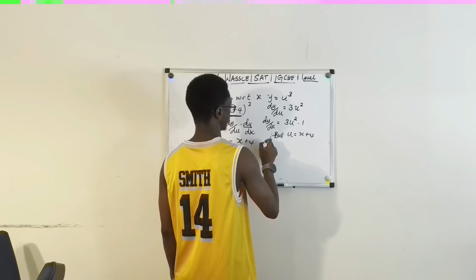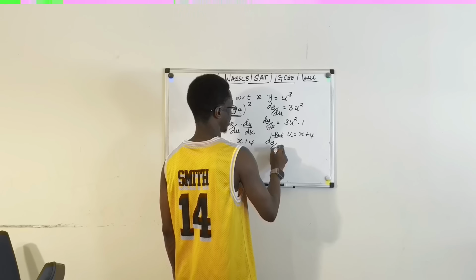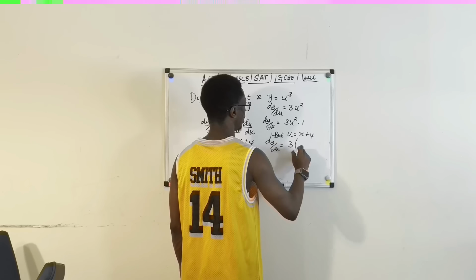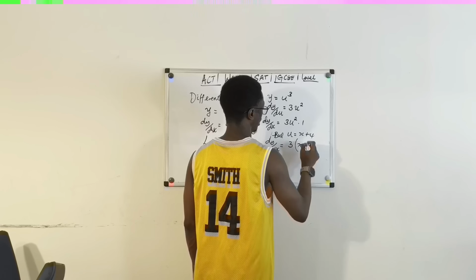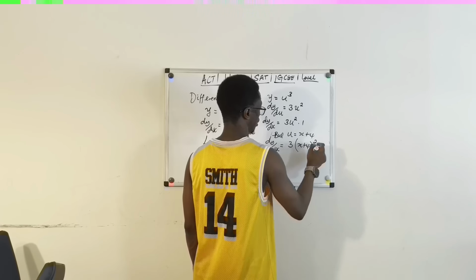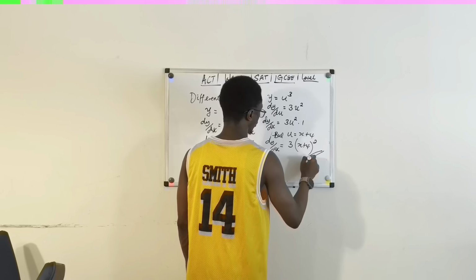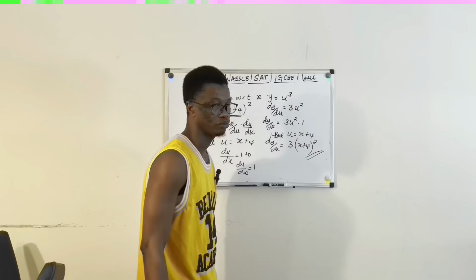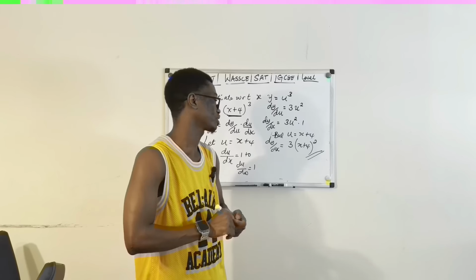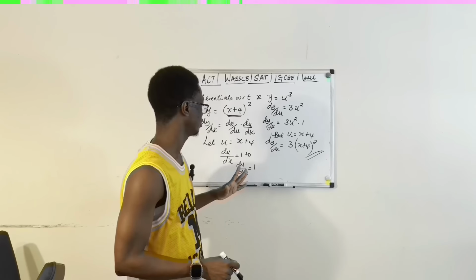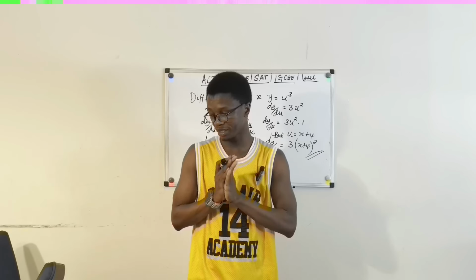Replace that, this becomes dy over dx equals 3 into, what is my u? It is x plus 4, then squared, right? Multiply by 1 is just the same. So hence, that becomes your answer, right? It's so easy. Okay, so that is it.